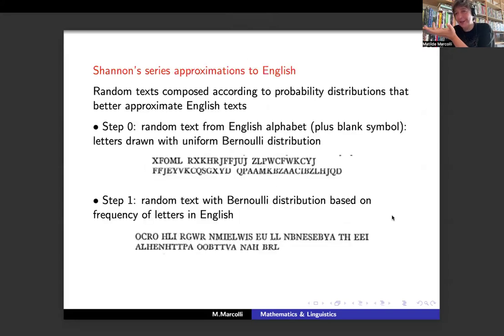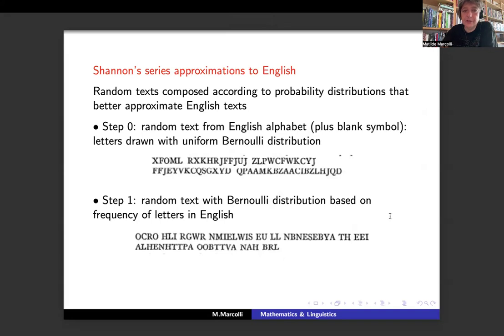Okay, so the very early discussions of this model were in the 1940s, with Shannon, who was, for example, trying to create successively better approximations of something that would look like an English text.